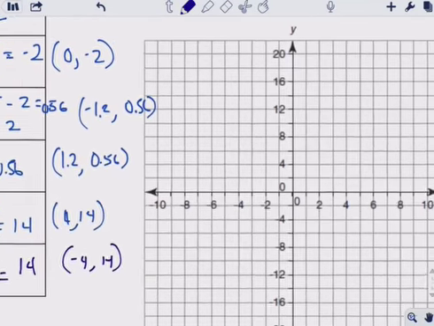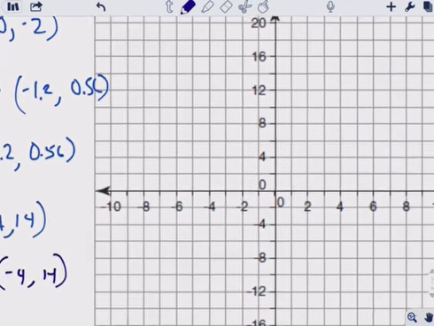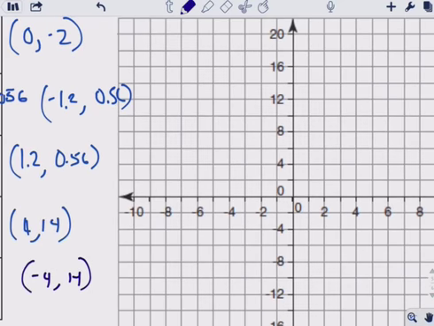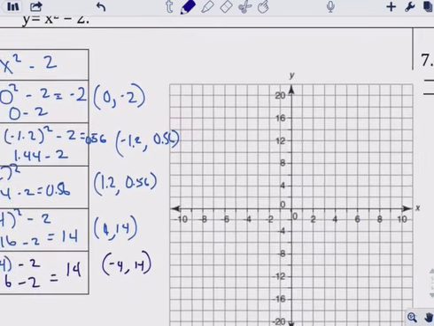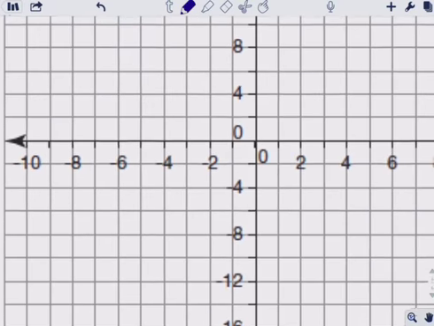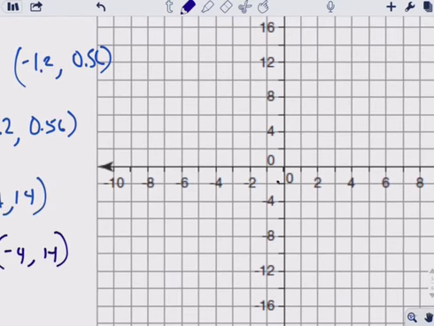Okay, graph it here. 0, negative 2. I put in the wrong graph for you guys. Oh no. Well, okay.